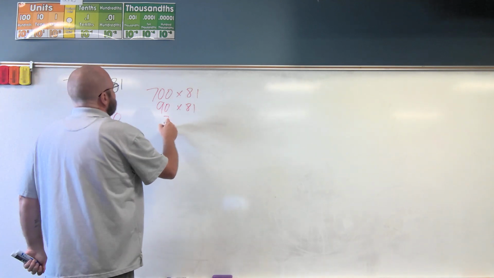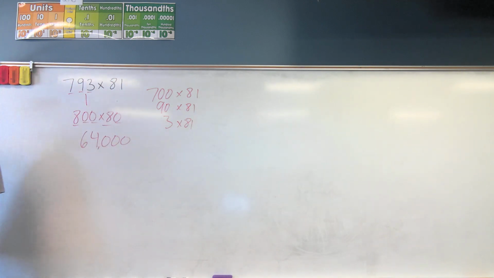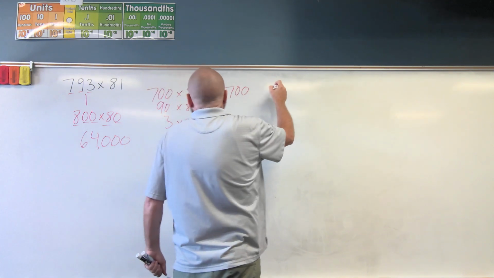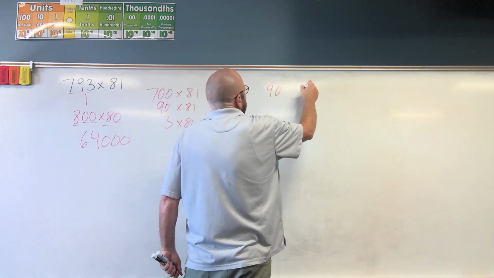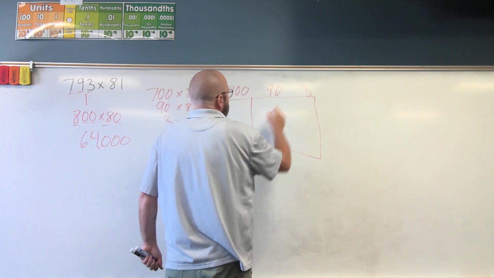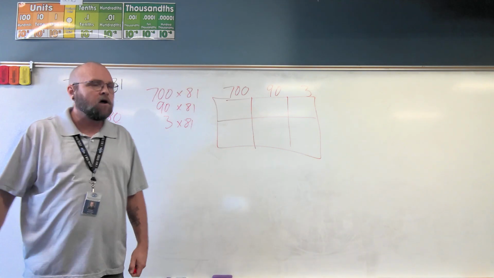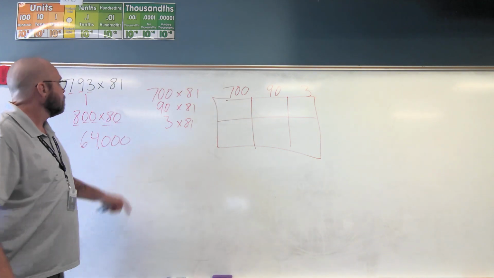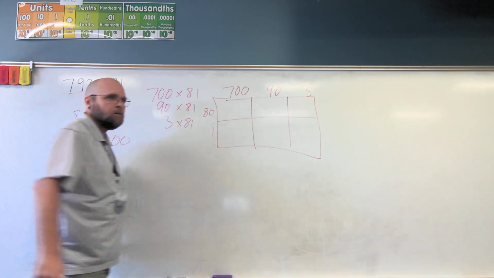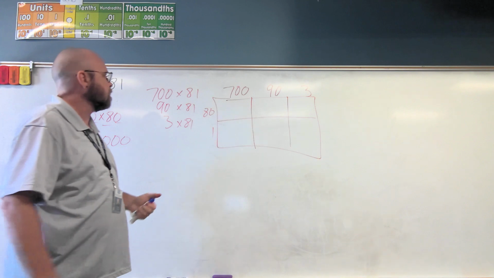So I can multiply 3 times 81. I could also make it 790 and 3. I honestly don't care how you do it, as long as we can get the correct answer. I have 81, I can make that 80 and 1. Then it's just a matter of filling in these boxes and adding together.